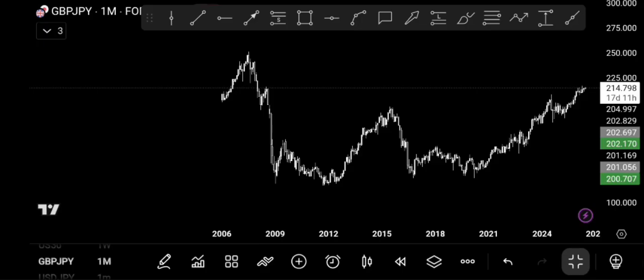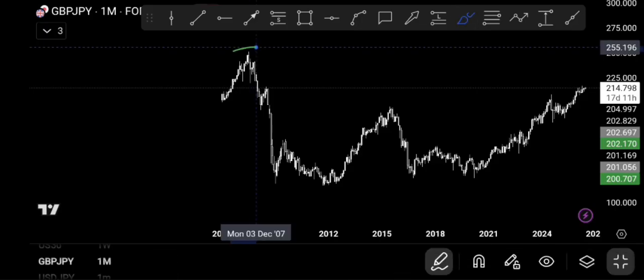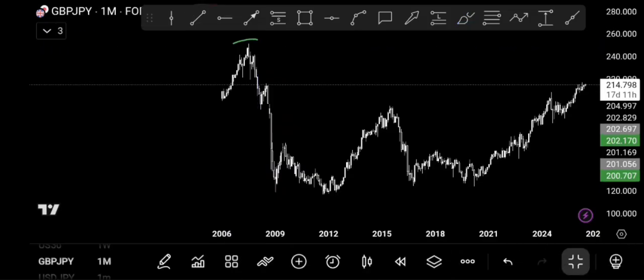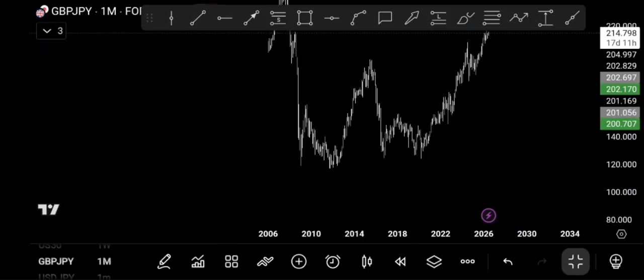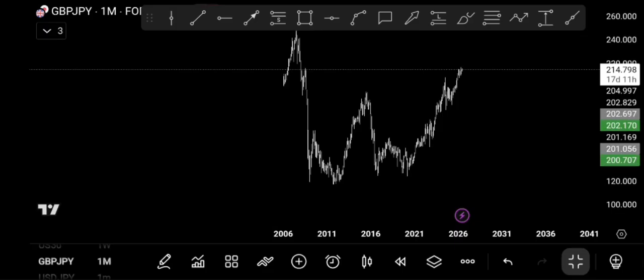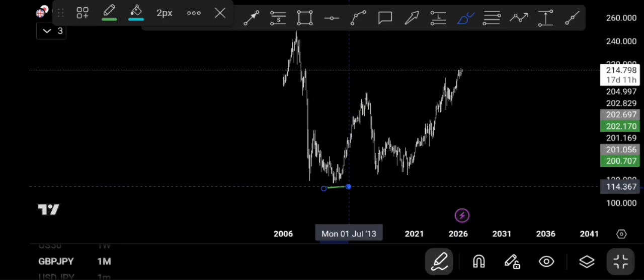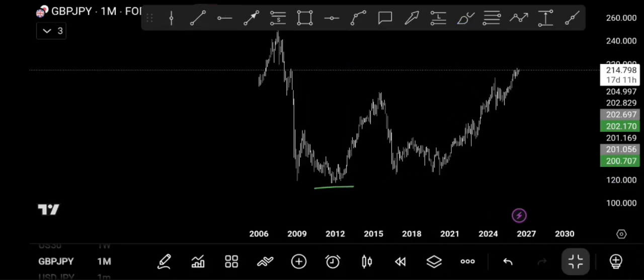We know that this here is our swing high, and this here is our swing low, and we have another swing low right here. You understand? But how do you want to start marking your new range?